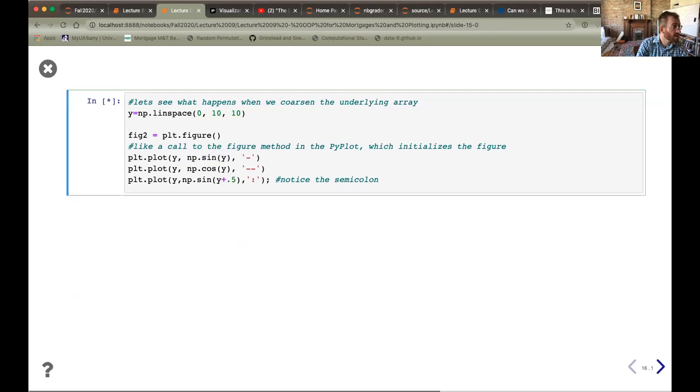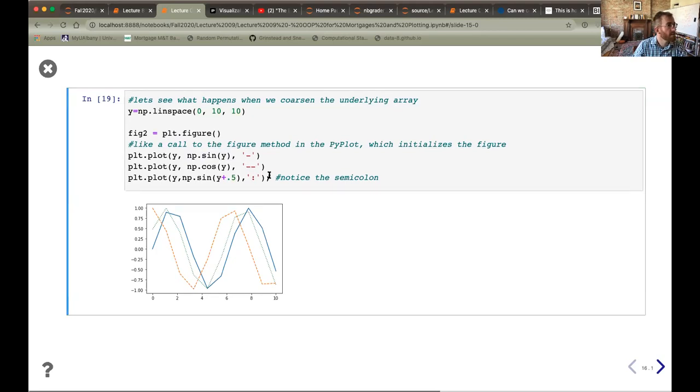All right, so let's make sure that all works. It all seems to work just fine, and you'll see how much choppier this function is. And of course, if I change this to, let's call it, 50, suddenly it looks so much smoother.